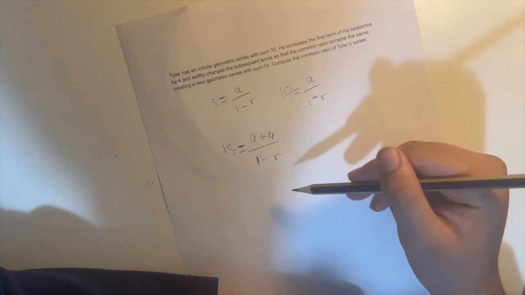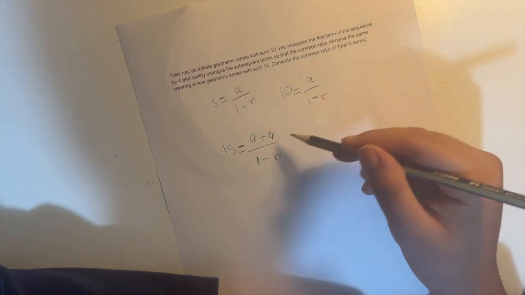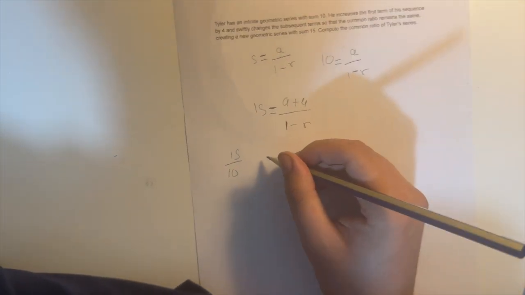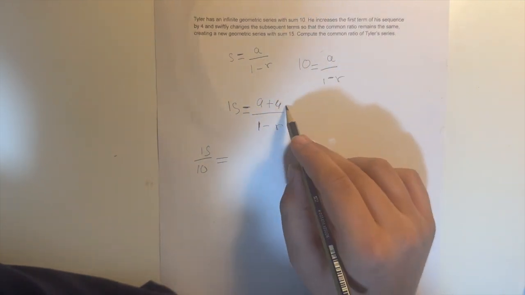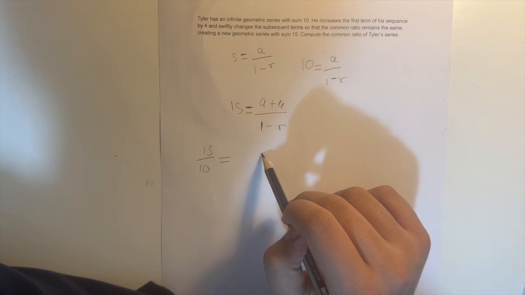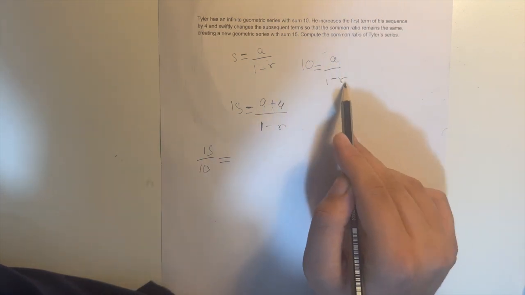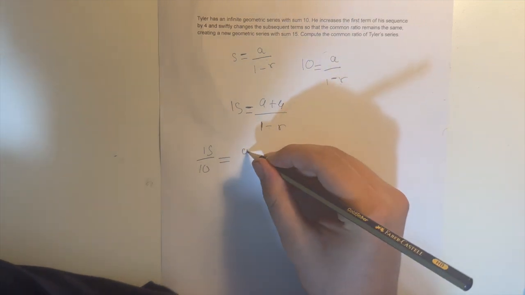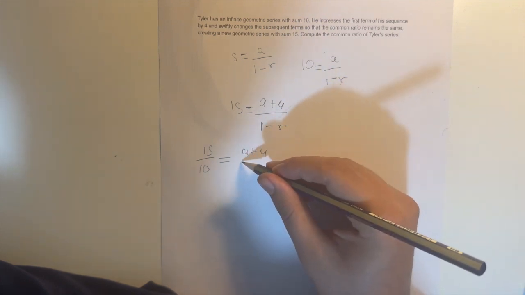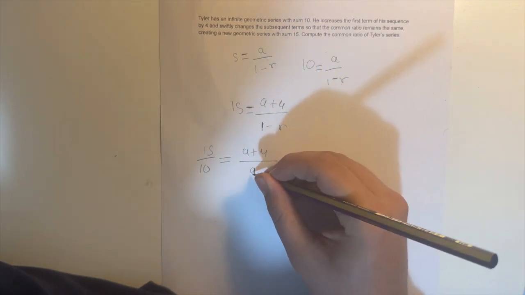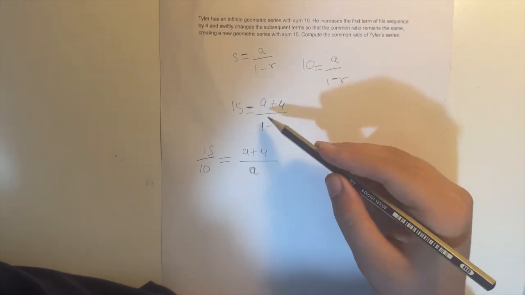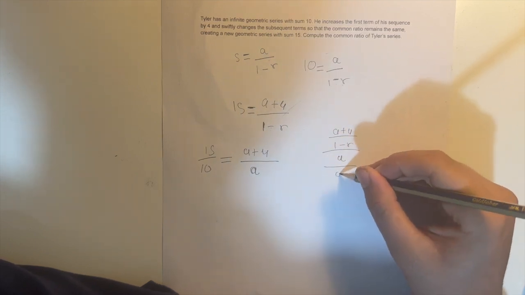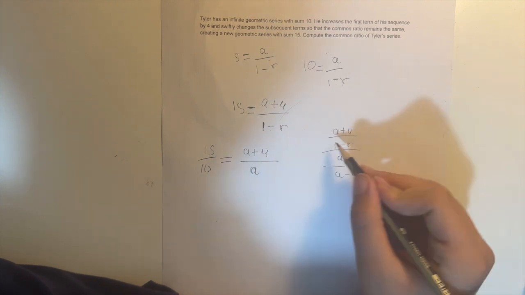We do that by dividing the two equations over each other. So 15 over 10 is equal to A plus 4 over 1 minus R over A over 1 minus R. So 1 minus R and 1 minus R are the same, so we can simplify that out to A plus 4 over A. You could go the longer way and write it this way too, but this is basically this simplified.